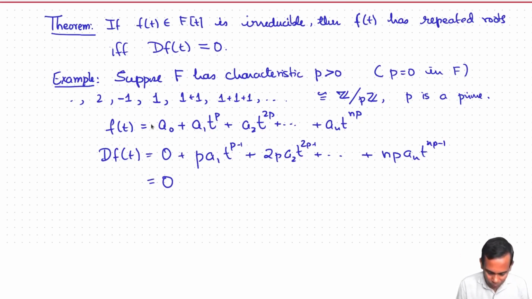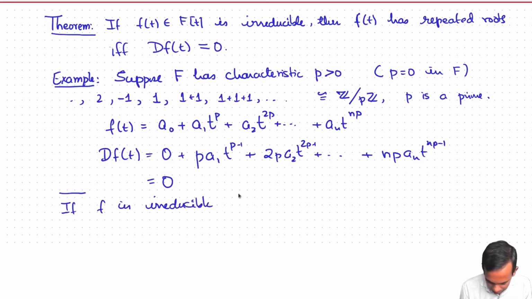Okay, let's see how to prove this theorem. We'll just use the criterion for the existence of repeated roots that we showed a few minutes ago. So suppose f is irreducible. Then what can be the value of the gcd of f(t) and df/dt?